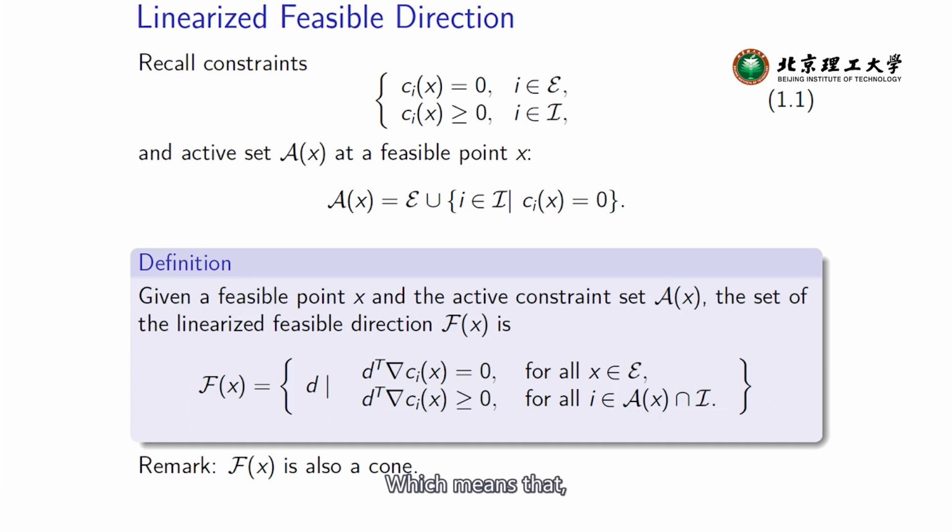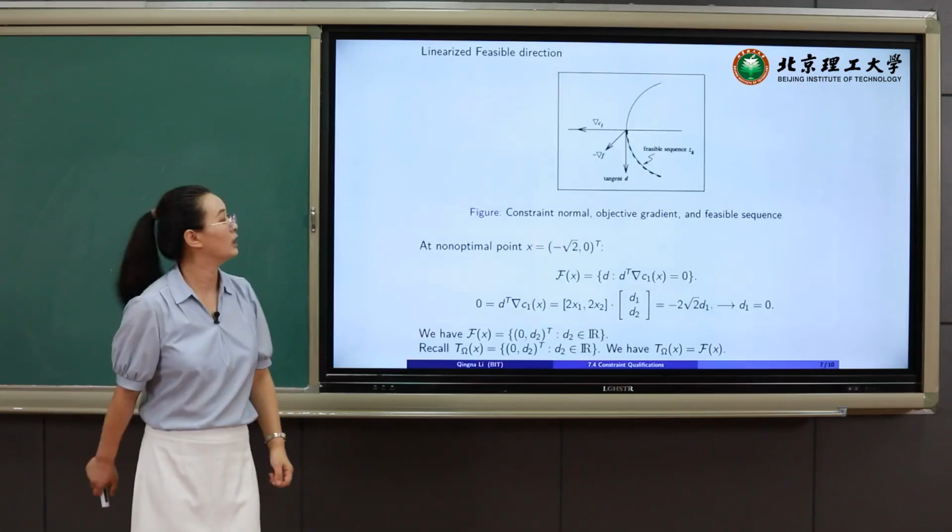Which means that this set contains the linearized feasible directions. Also notice that this set is a cone, because if you multiply a direction by a positive scalar, it is still in this set, okay?